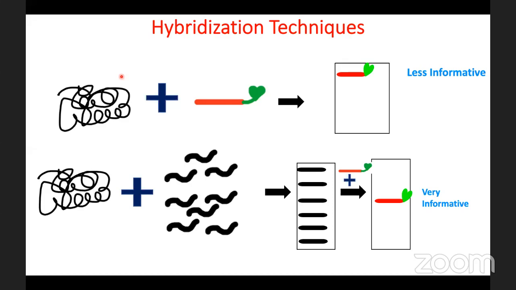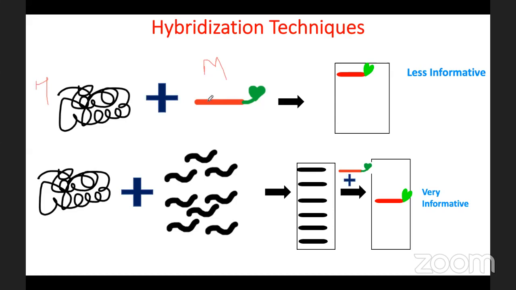Now why do we go for blotting, Southern blotting? See, in the first instance, this black is your human genome, and this is the piece of fragment from mice.